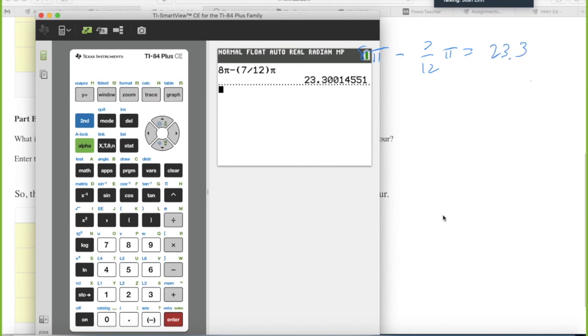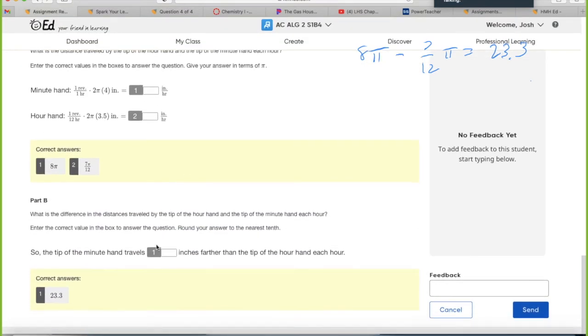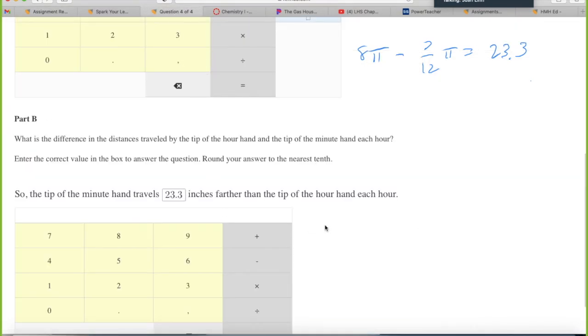And they said the nearest tenth, right? So it travels 23.3 inches further than the tip of the hour hand.